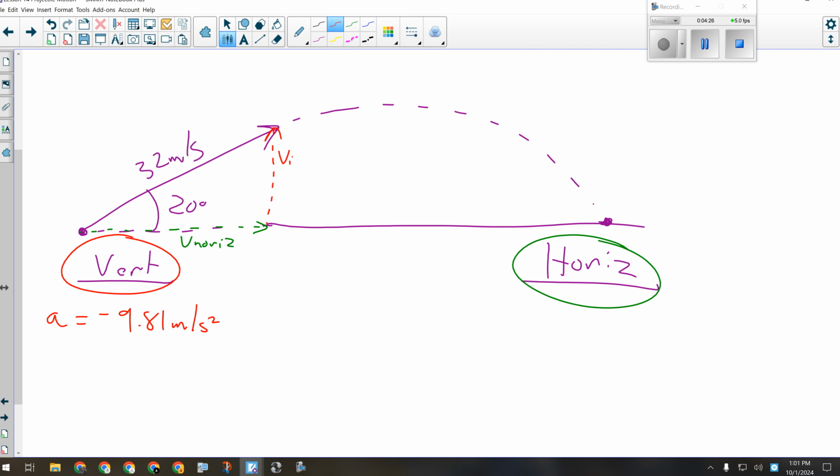Now, if I know the hypotenuse and this angle, can I calculate the other two sides? This is the triangle you have to know. You have to understand that this side is always going to be VI, and this side is always going to be V horizontal. So I can calculate VI. VI is going to be the sine of 20 degrees times 32 meters per second.